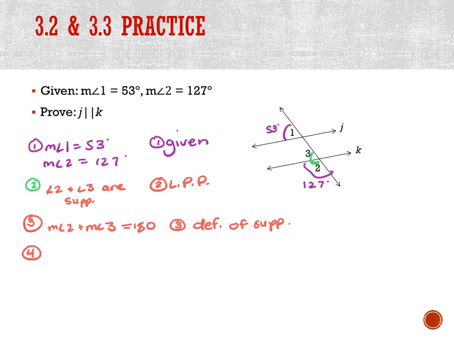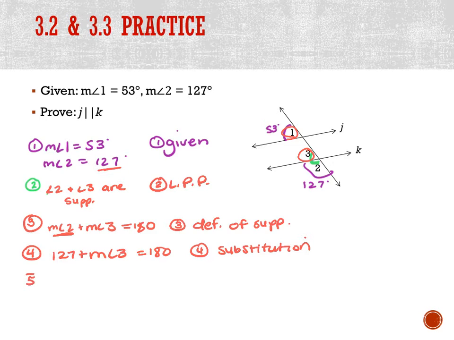Then, since I'm trying to eventually link 3 to 1, showing those as congruent because they would be corresponding, I can replace 2 with the value that 2 is, which is 127. So I can say 127 plus the measure of angle 3 equals 180, and that's substitution.